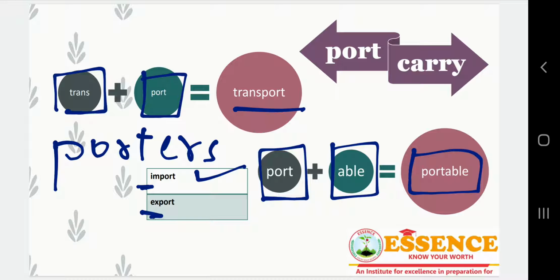And export is E for X and E for exit, right? So exit means leaving. So something which is being carried out is referred to as an export. Economy mein, trade mein, you usually come across these words. So I don't think it is going to be very difficult to understand. Here we have im and x, two different prefixes. Im means coming in and x means going out, exit, right?